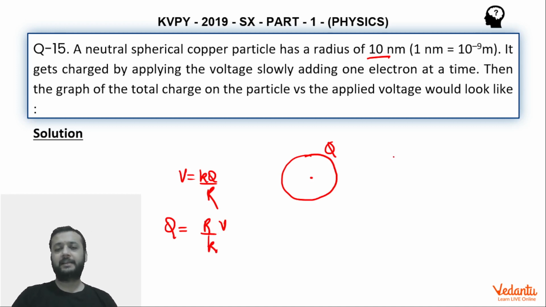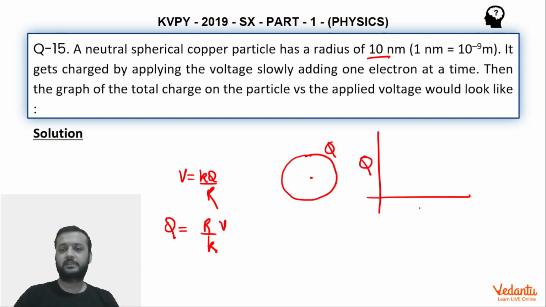That means at any time it will be one electron or two electrons or three or four or five electrons, like that. So if you draw the graph of q versus potential, q can have a value of 0, or 1 electron, or 2 electrons, or 3, or 4 electrons.